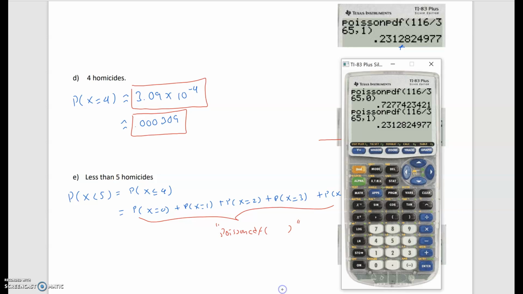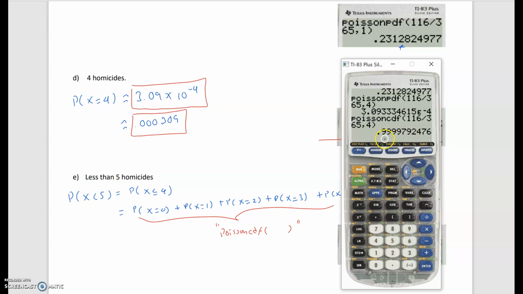So for this one, you would be evaluating the Poisson PDF with 116 divided by 365, and then 4. Whoops, I ran the incorrect one. It's supposed to be the CDF. So 116 divided by 365, comma, the value of 4. There we go. Okay, that looks more accurate since it's adding all of them.